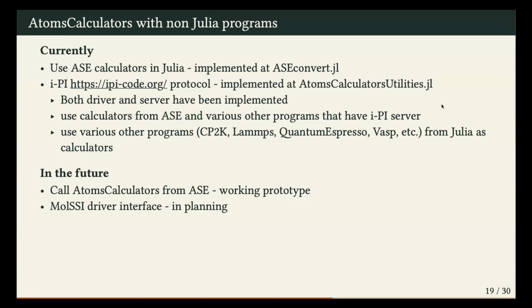And then there's a Molsy driver which allows you to do MD as well. It's similar to the i-PI system, but hopefully that one is in the future. So basically this would allow us to interact with other programs really easily.